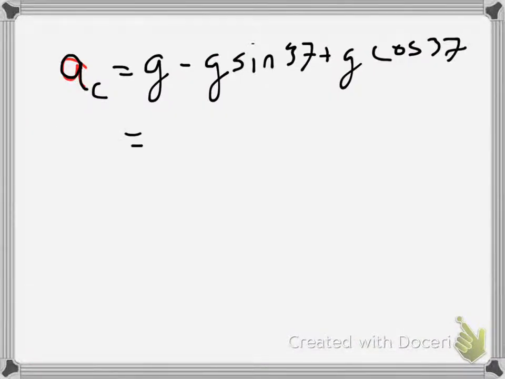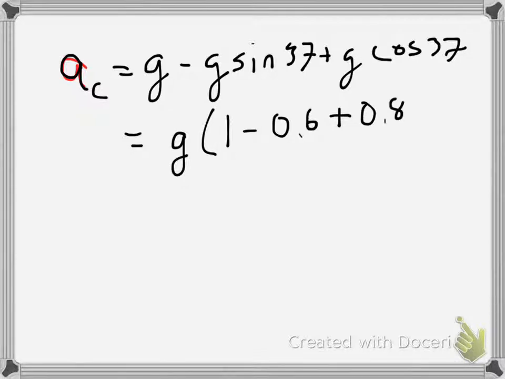So that equals g times 1 minus the sine of 37, which is about 0.6, plus the cosine of 37, which is about 0.8.